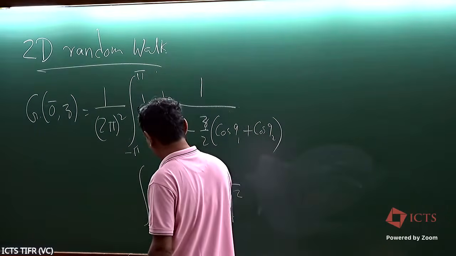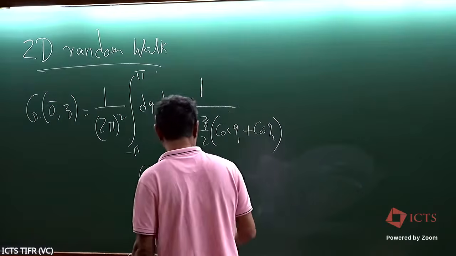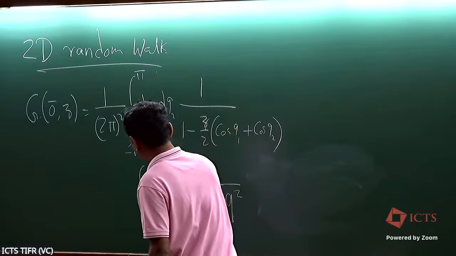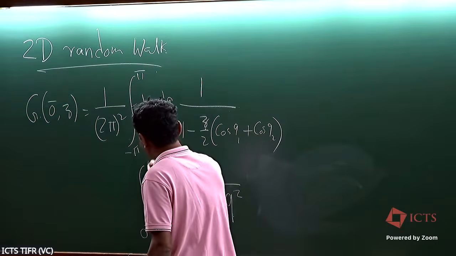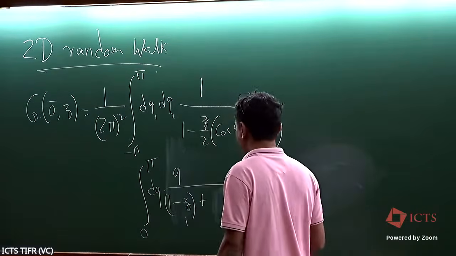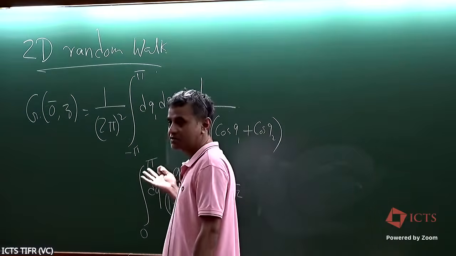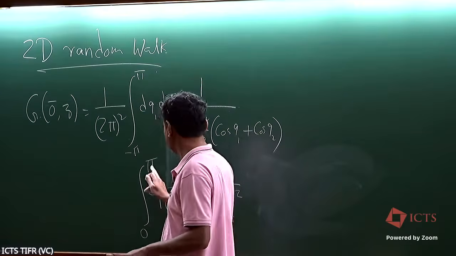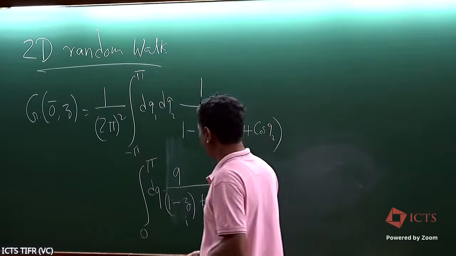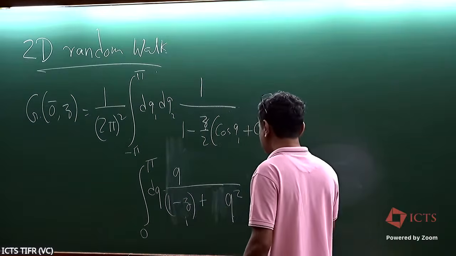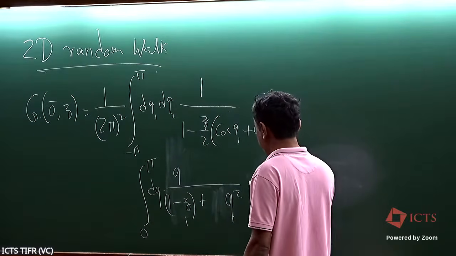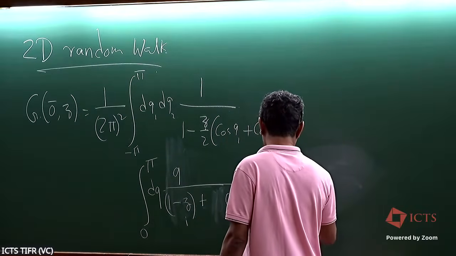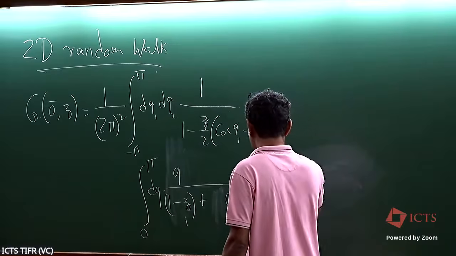So the question is, can we set the upper limit to infinity, for example? Initially it was 0 to pi, so let's keep it 0 to pi, because otherwise we'll have a problem. Basically the upper limit we don't care about, because all the divergences come from small q, so let's keep it some finite number. Then we'll get du of u by 1 minus z plus u, from 0 to some finite quantity.